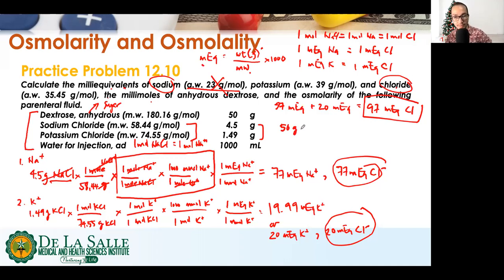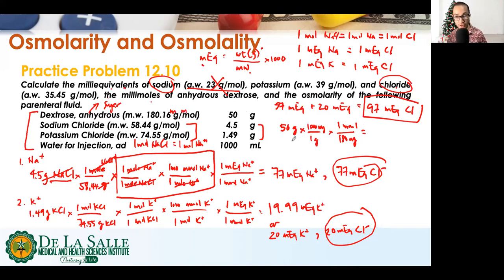So 50 grams of dextrose, we just convert this to milligrams, and then given its molecular weight, 180 milligrams per millimole. I changed grams per mole here to milligrams per millimole because it's the same.